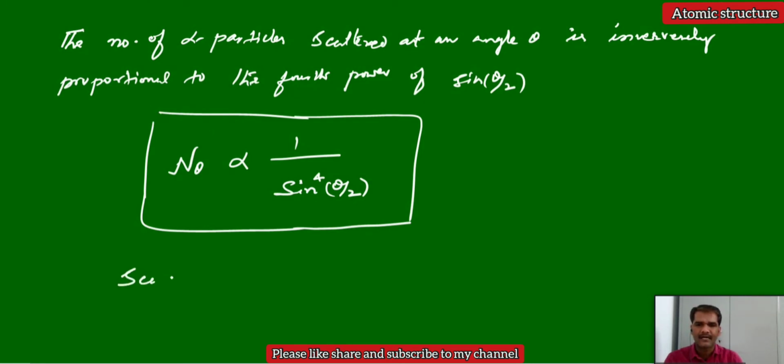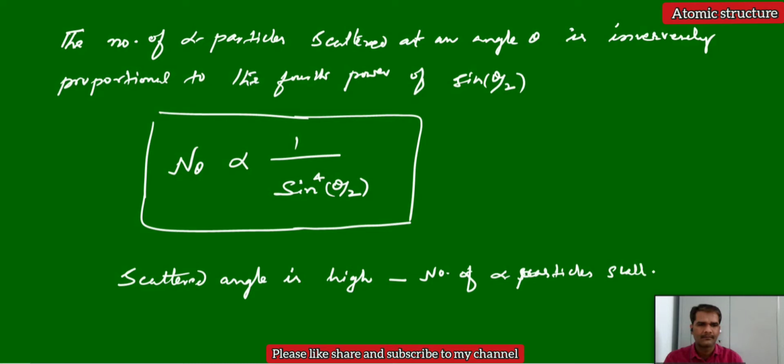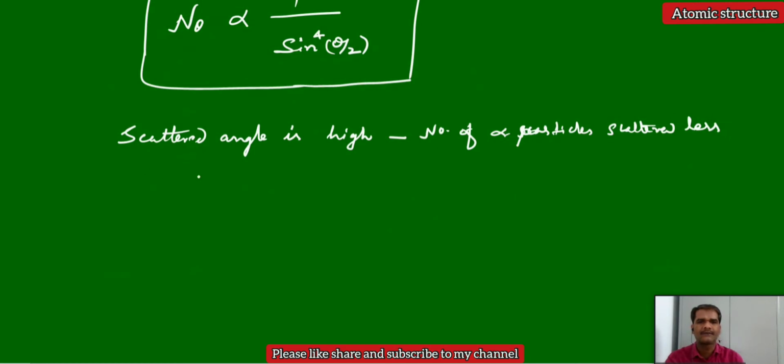So if the scattered angle is high, then the number of alpha particles scattered is less. If the scattered angle is low, the number of alpha particles scattered is high, just vice versa.